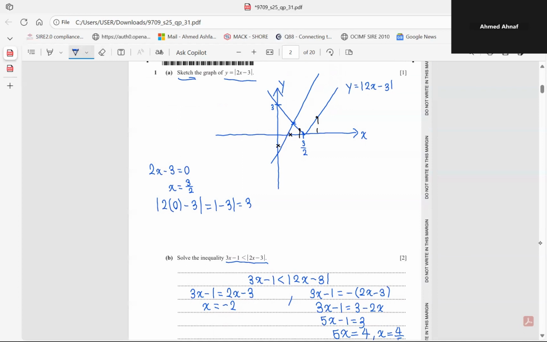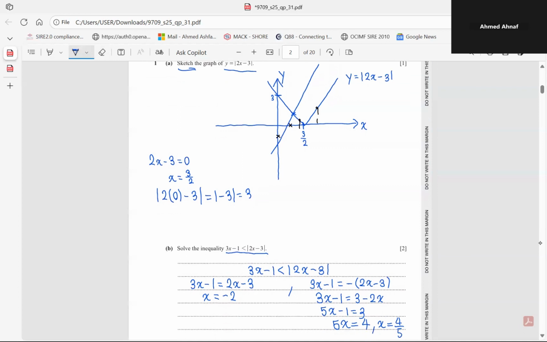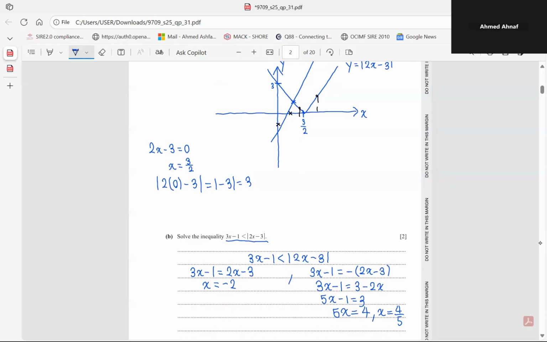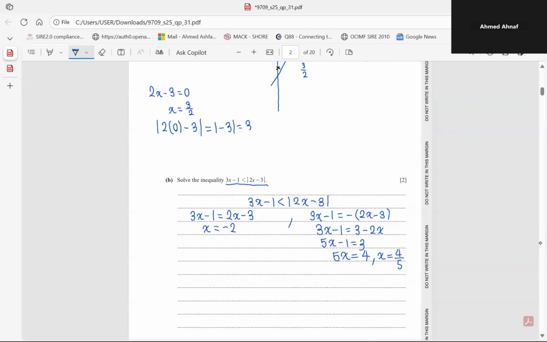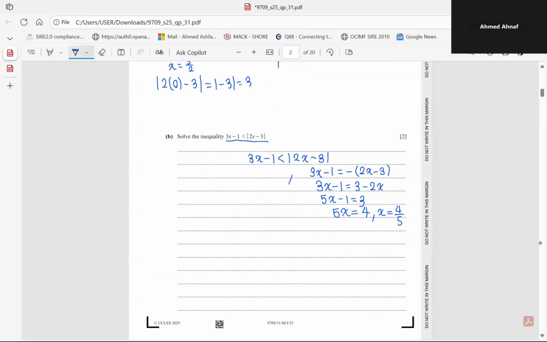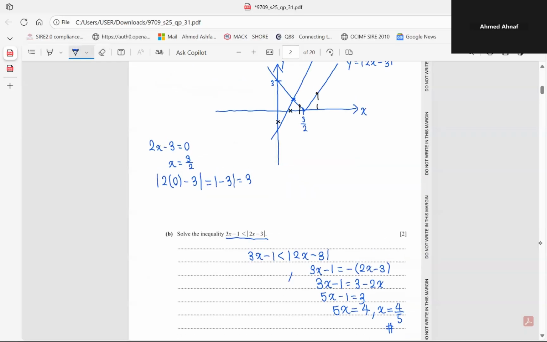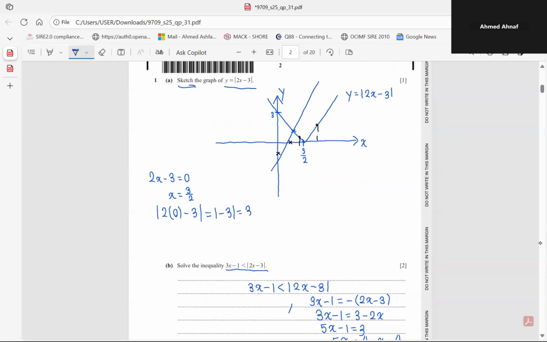And that part of the modulus function is equal to minus bracket 2x minus 3. So this solution is invalid. So this would be the only point that we have to work with. So we've cleared up the confusion.